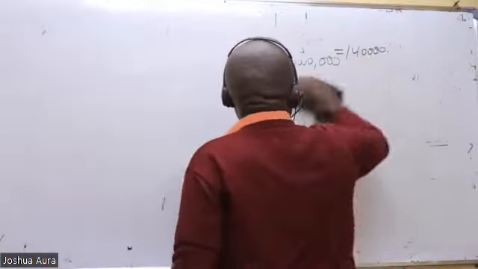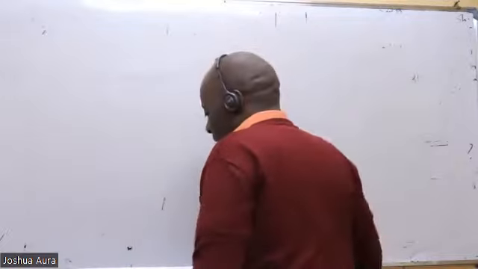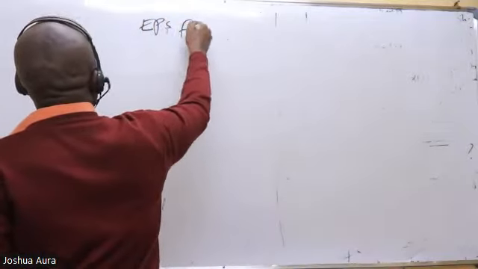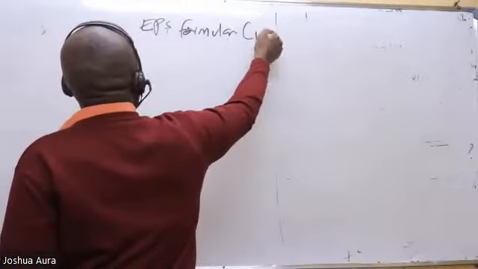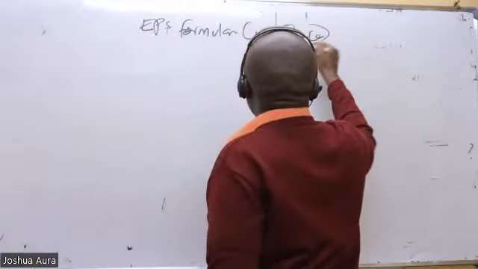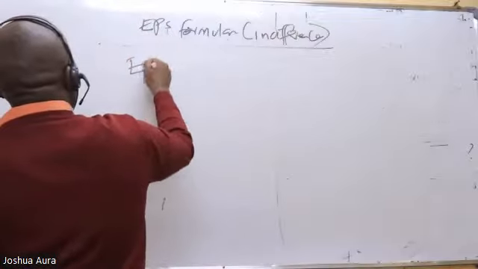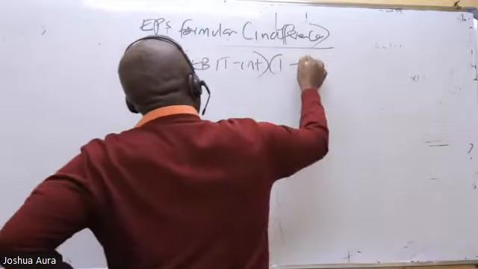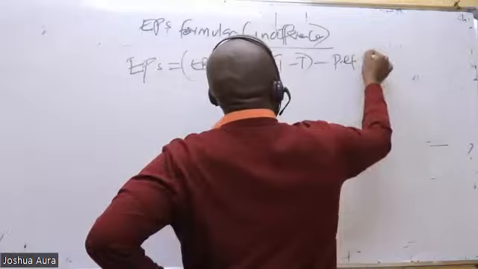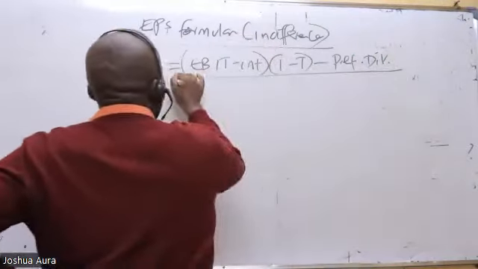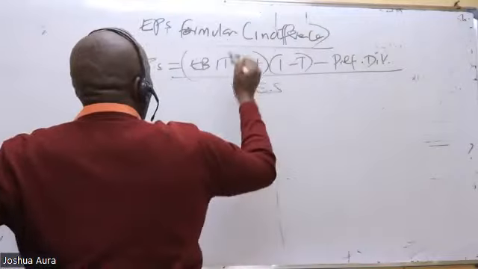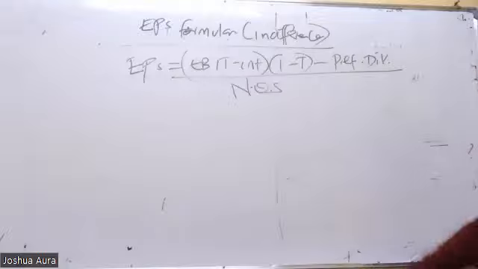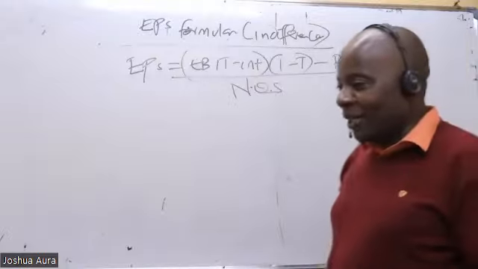EPS formula under indifference points: EPS will be equal to EBIT minus interest, times 1 minus taxation, minus preference dividends, and then everything divided by the number of ordinary shares.